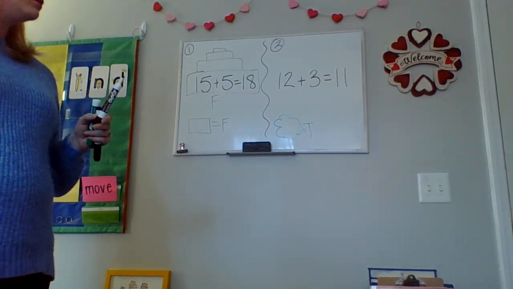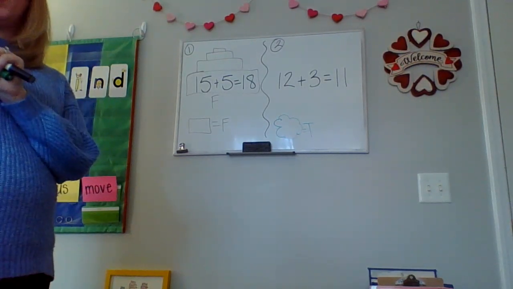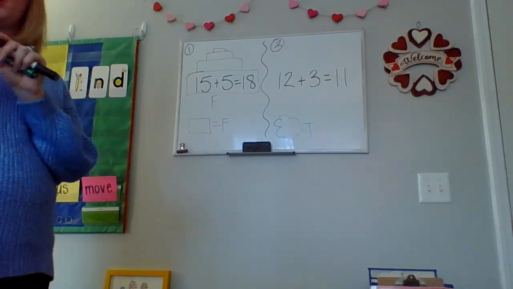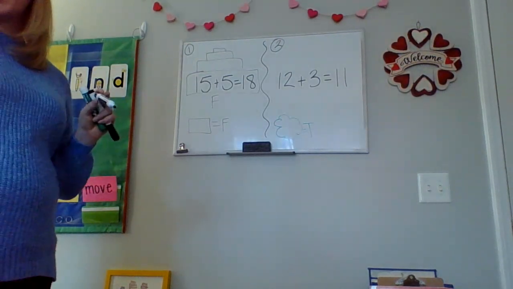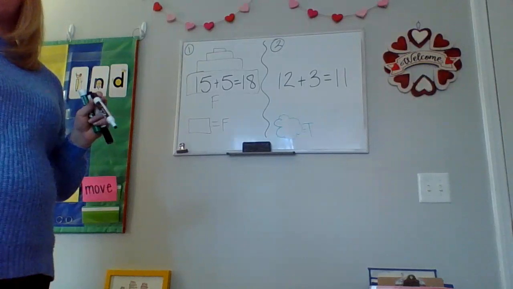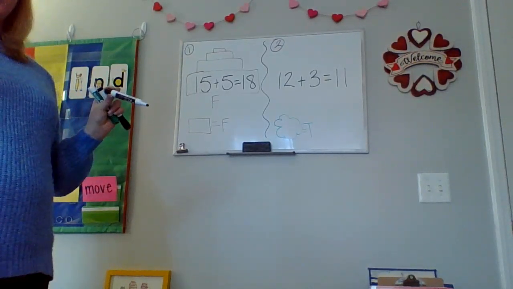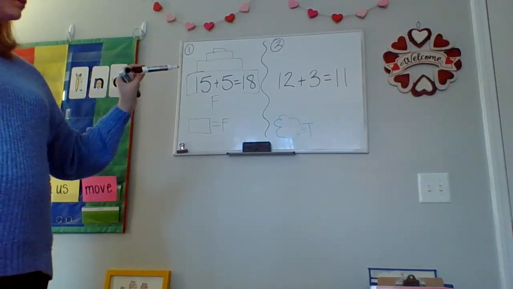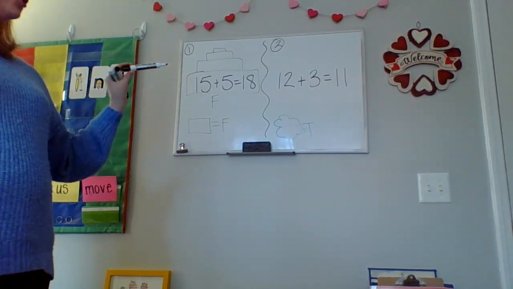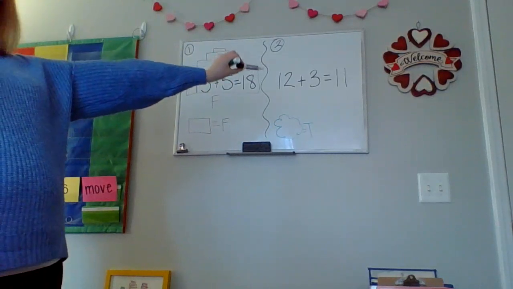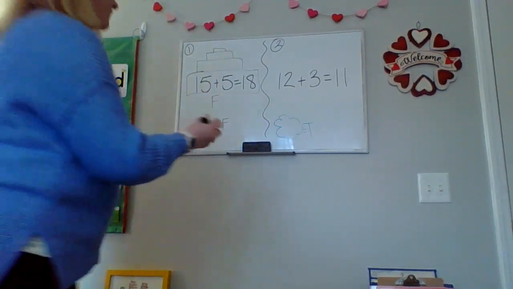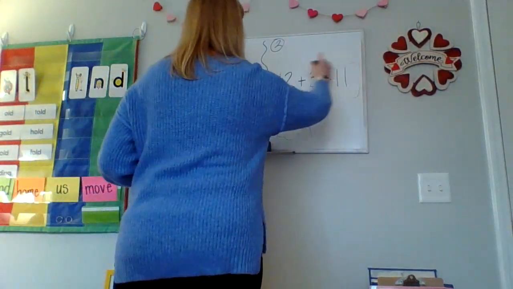Riley, I'm going to call on someone else for the second one, okay? Because I called on you the last time. Who could read me my second equation? Cameron. 12 plus 3 equals 11 is false. Right. I'm going to draw another poo-poo cake.